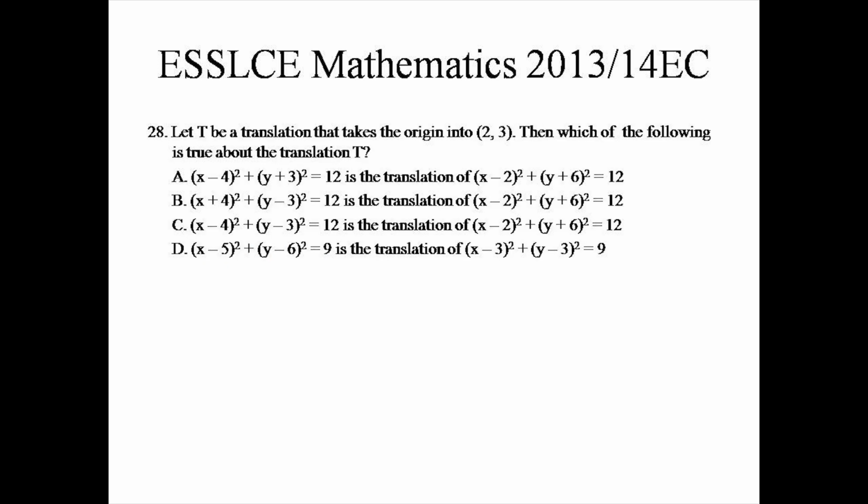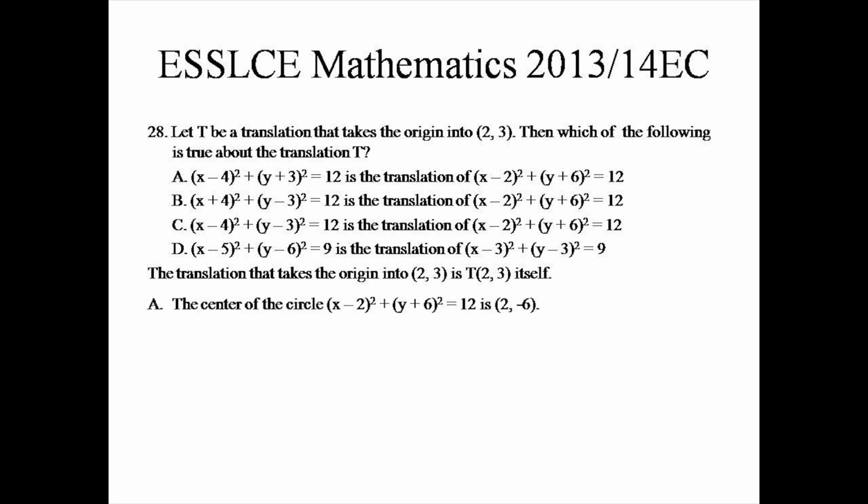Question number 28. Let T be a translation that takes the origin into 2, 3. Then, which one of the following has a true value of the translation T? The translation that takes the origin into 2, 3 is t 2, 3 itself. The center of a circle, x minus 2 the whole square plus y plus 6 the whole square is equal to 12, is 2, negative 6.